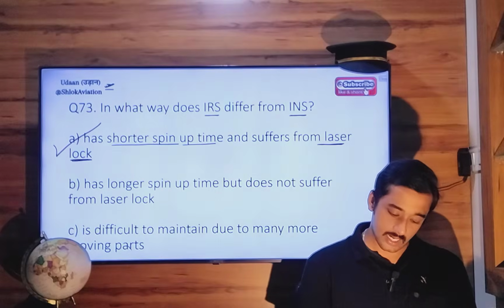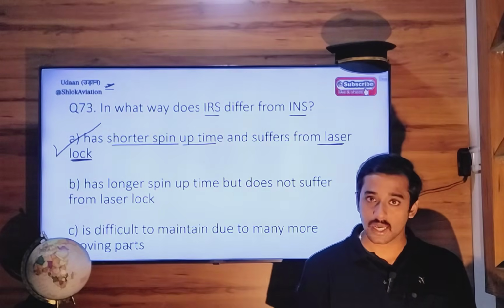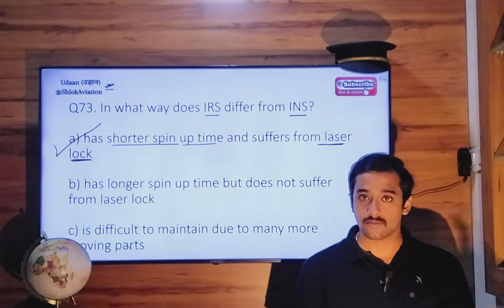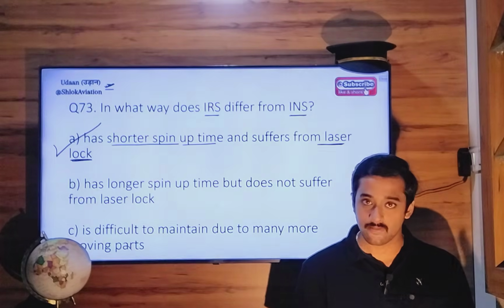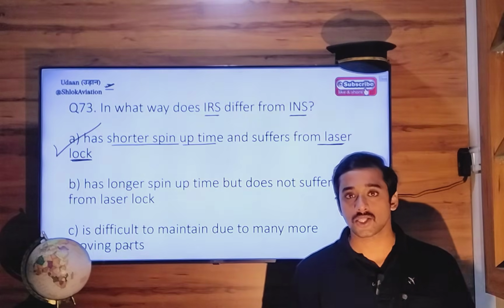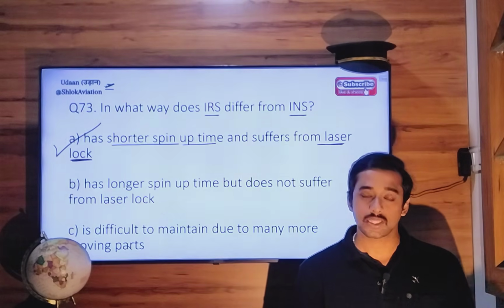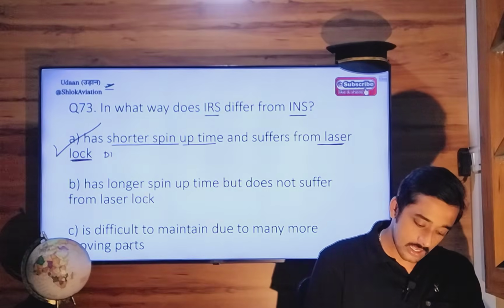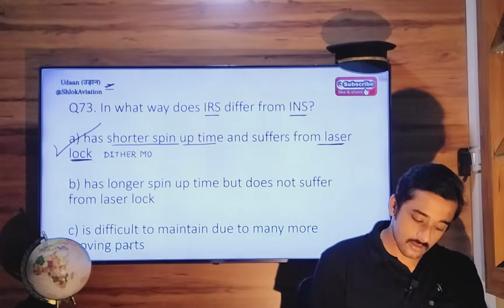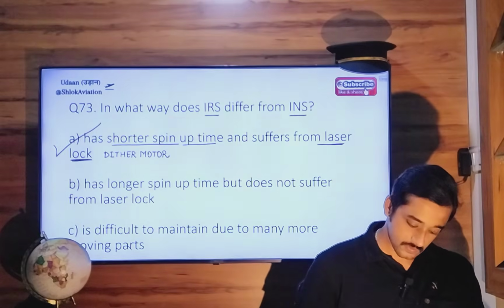So option A is the correct answer. It will start spinning early and complete that process earlier than the inertial navigation system. But one disadvantage is that it will suffer from laser lock. And the solution to this laser lock is something called a dither motor. Okay, so remember that also.